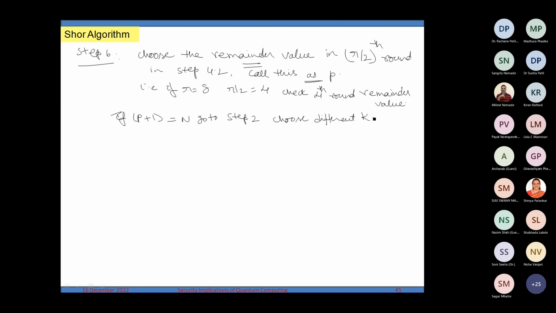I choose a different K. If not, I go to step 7. What is step 7?